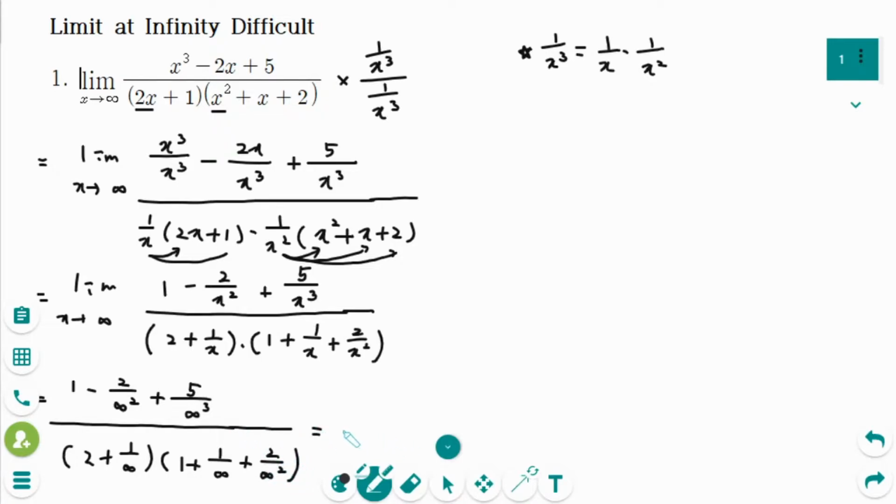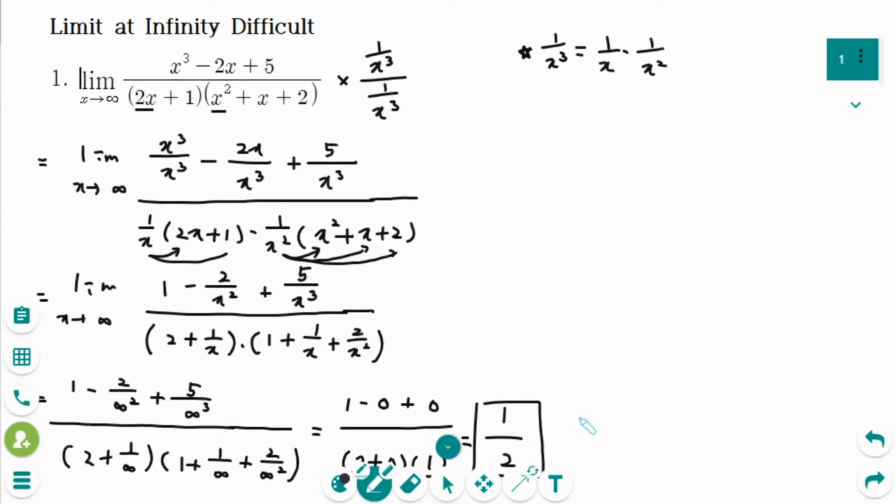And then this one is 1 minus 0 plus 0. And this one is 2 plus 0. And this one is 1 plus 0 plus 0. It's actually 1. So this one is 1. And 2 times 1, which is 2. That is the answer.